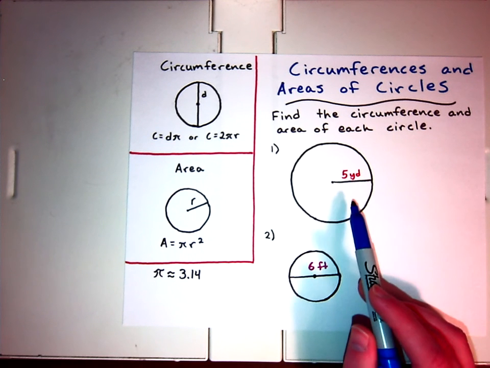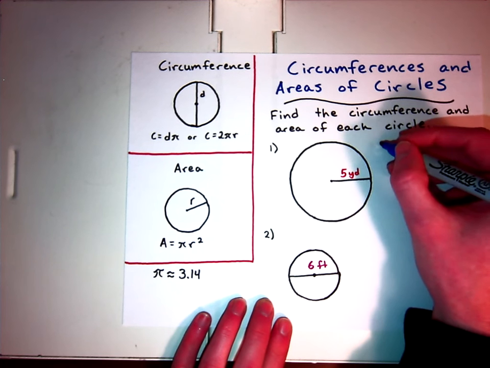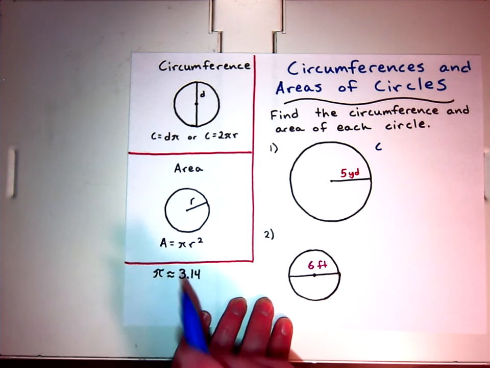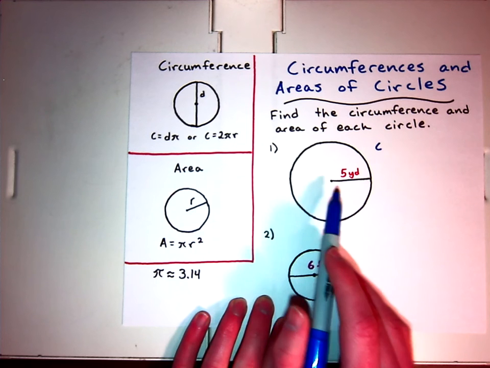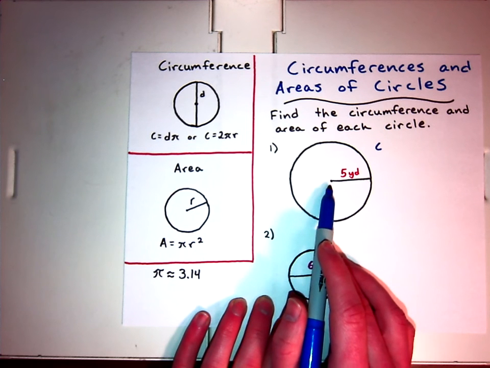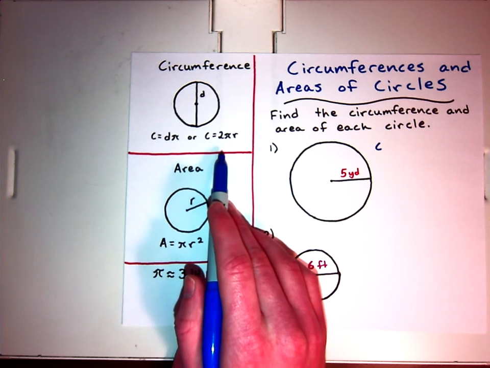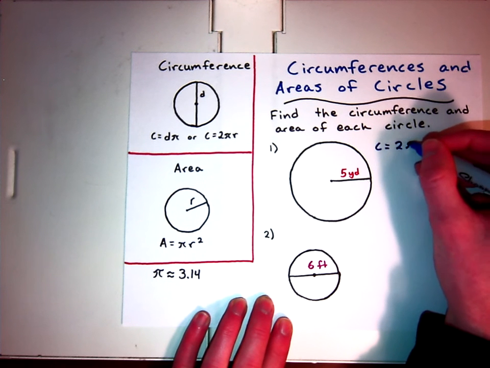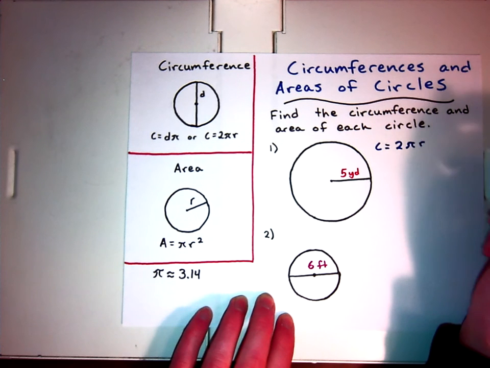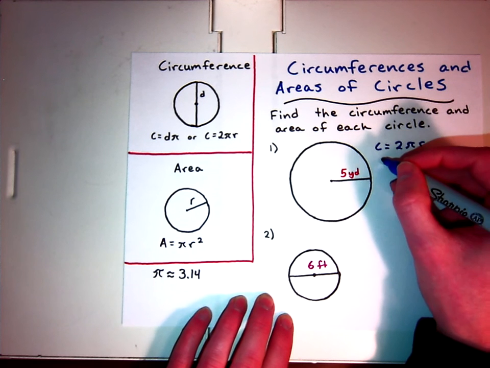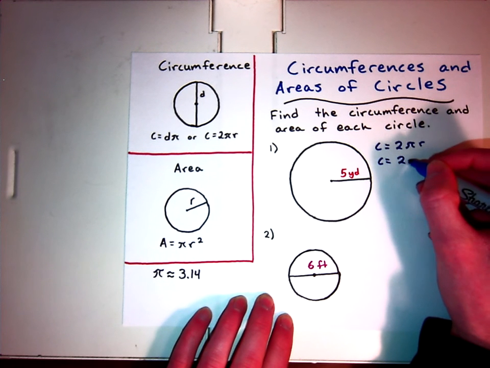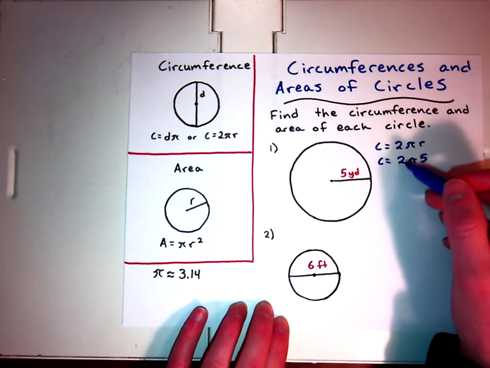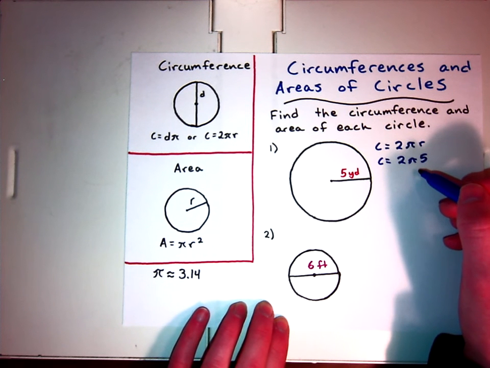Let's work on the circumference for number 1. What formula do I want to use? I want to use this formula because I'm given the radius. It only goes from the center to the edge. So I want to use C equals 2 pi r. I could plug in C equals 2 pi times 5, and I could use the commutative property, rearrange this multiplication problem and do 2 times 5.